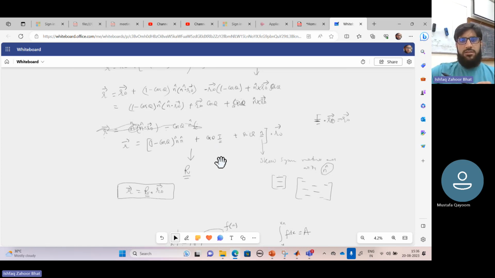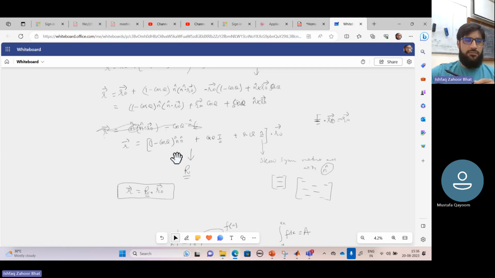I am not concerned with showing what the geometrical interpretation of this tensor is, but I just want to make the point that this thing has a geometrical interpretation, and it is a geometrical thing which is not going to change if you change the frame. Although the representation may change from one frame to another, it will not lose its identity. It will have some magnitude and some direction.